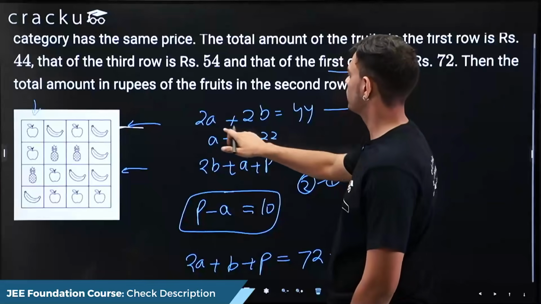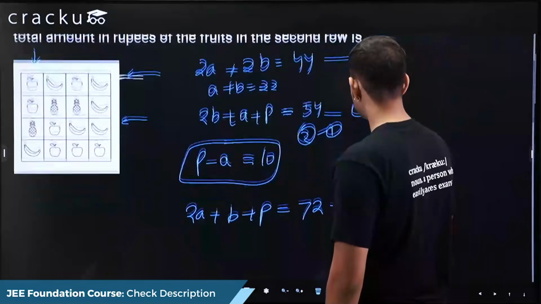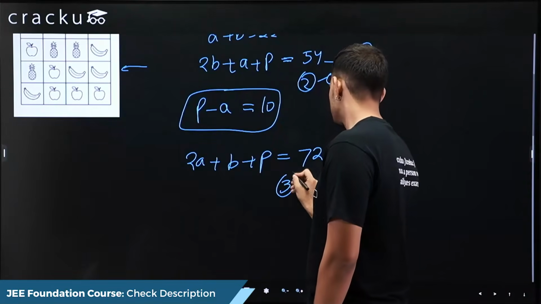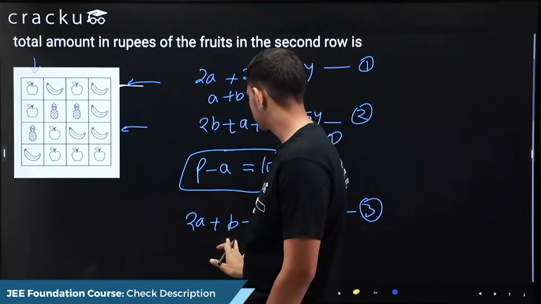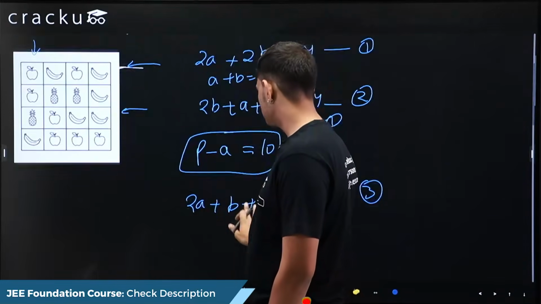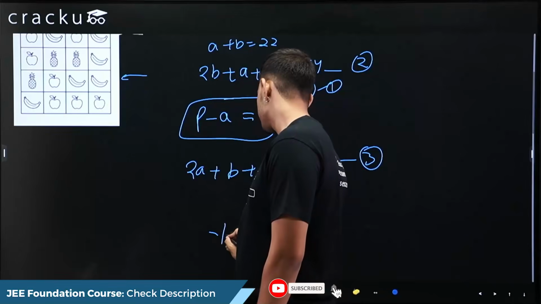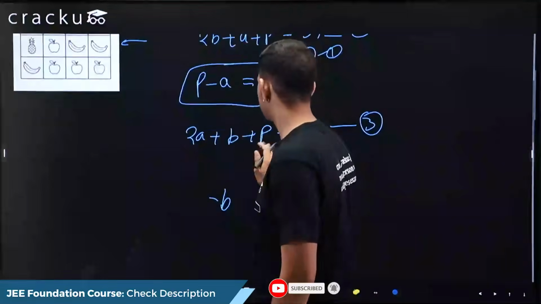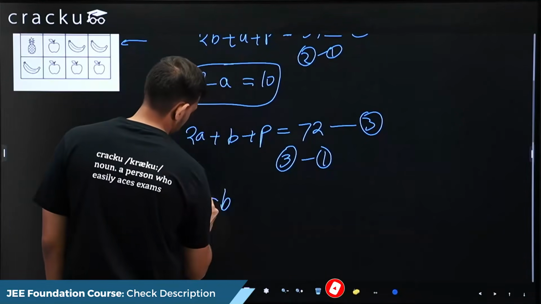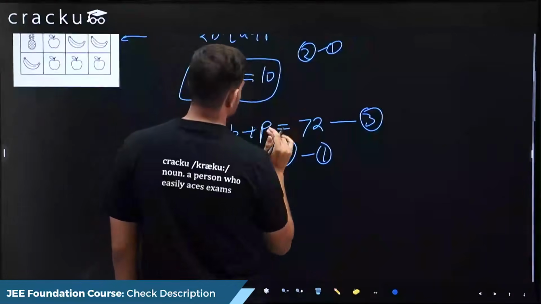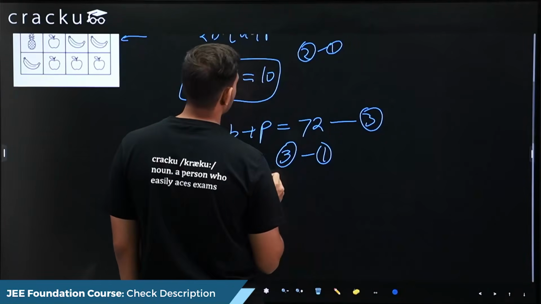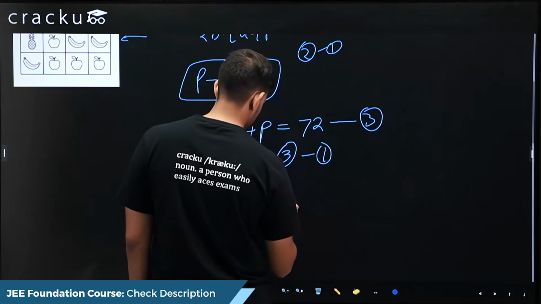Again, in the first equation we have 2 apples, so we can subtract the first equation from the third. This will cancel out all the apples. 2A minus 2A, 0 apples. B minus 2B, minus 1 banana. 1 pineapple and 0 pineapple. This is 72 minus 44, which is 28.